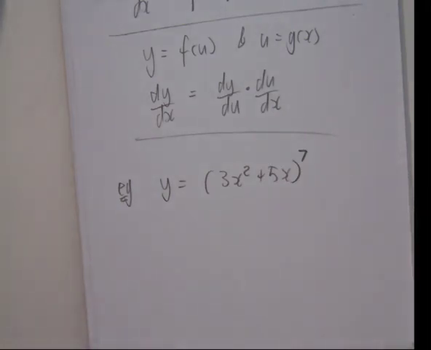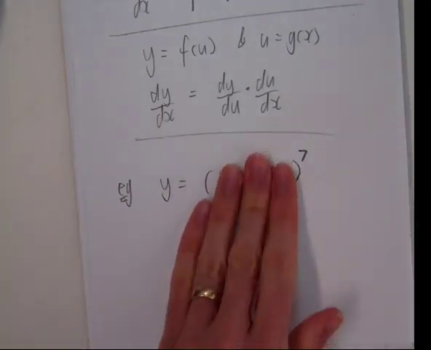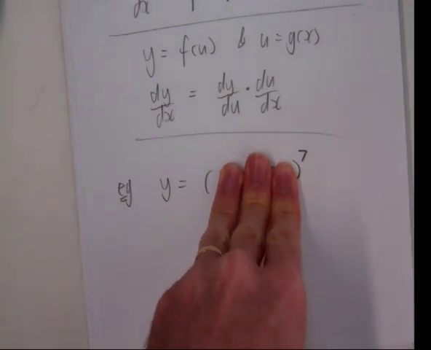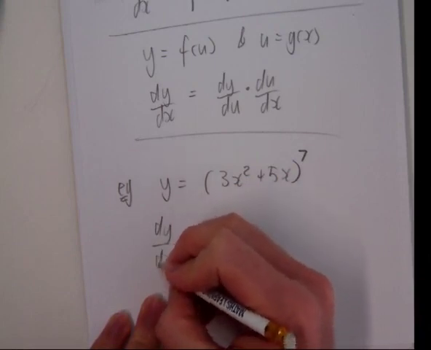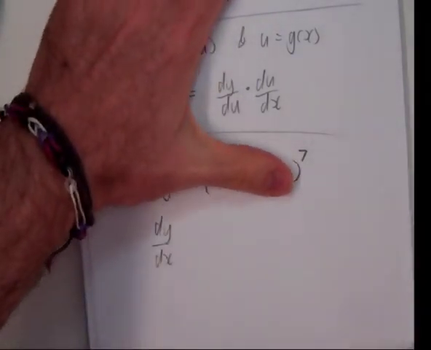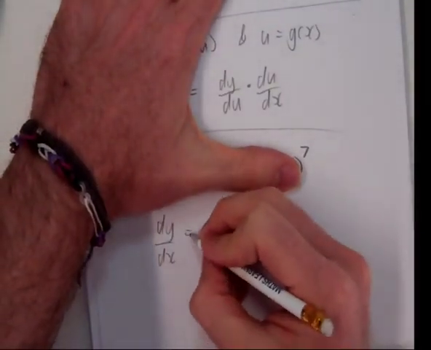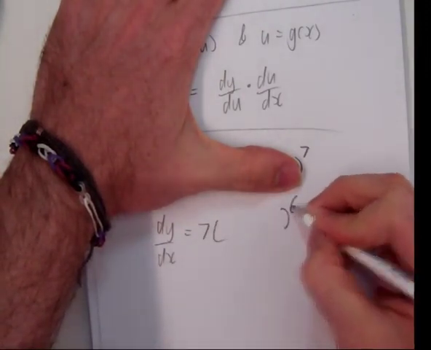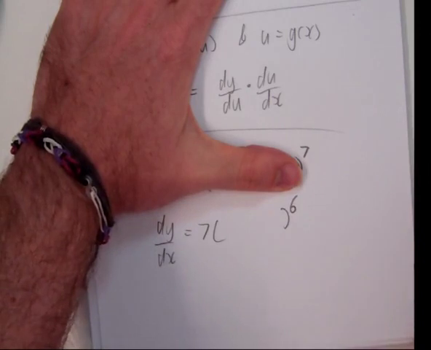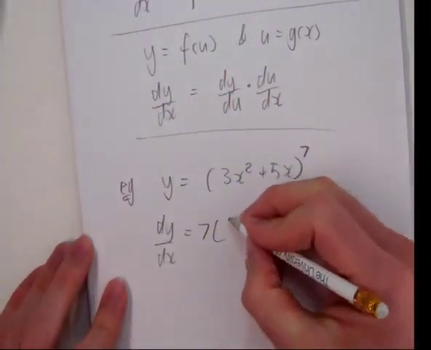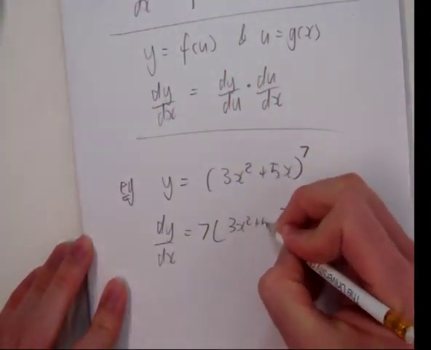So here we go. I pretend that that's an x inside that function. So if that was just an x, I would have 7 to the power of 6, because that's what would have happened if it was an x. But it's not an x, it's actually a 3x squared plus 5x.